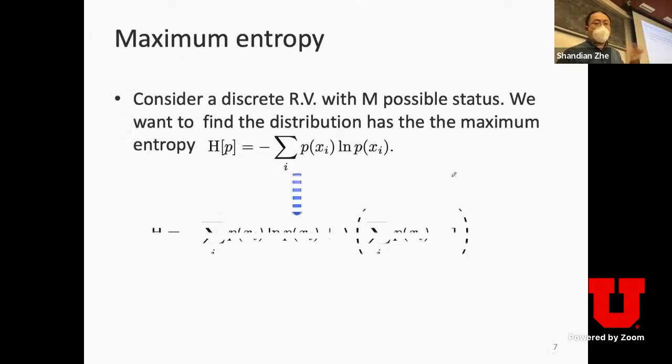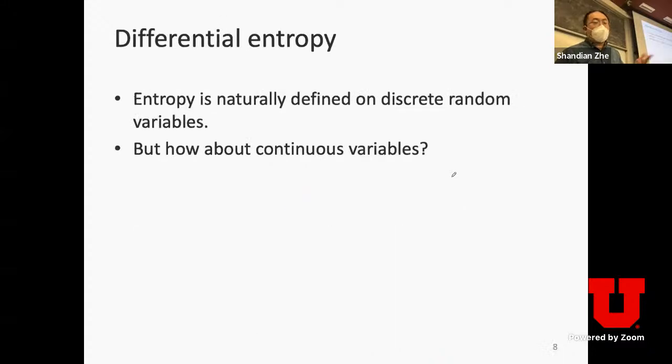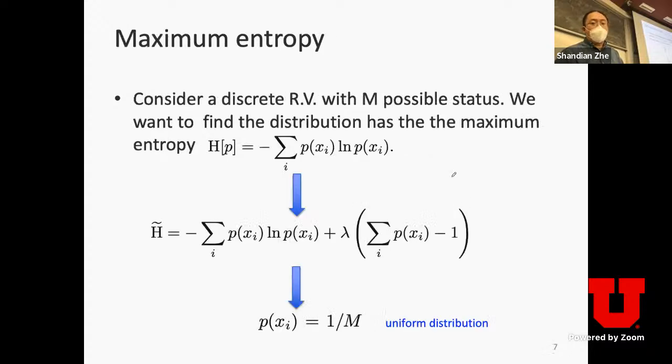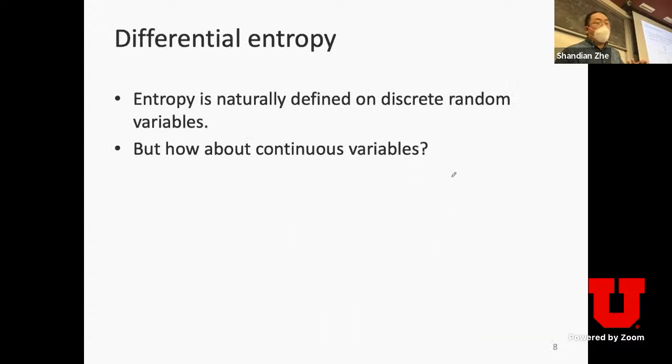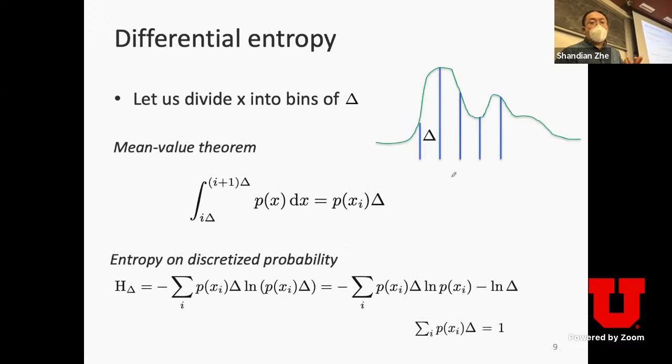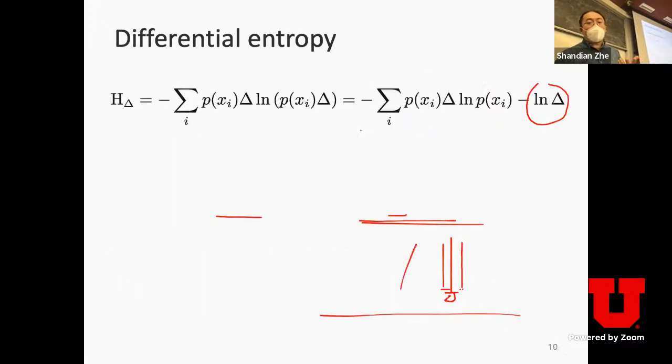Any other questions regarding how we get to this differential entropy? Why do we remove the infinity part? If you don't remove the infinity part, and you take delta, the bin length, to 0, this term will always be infinity.